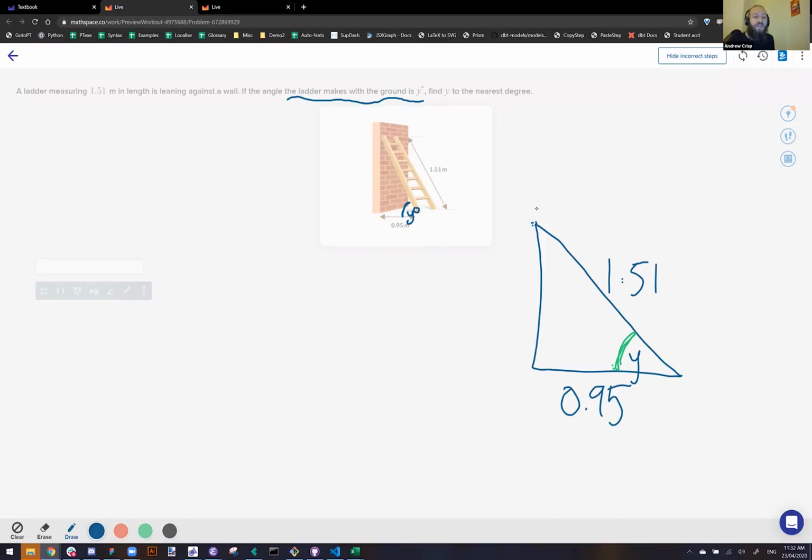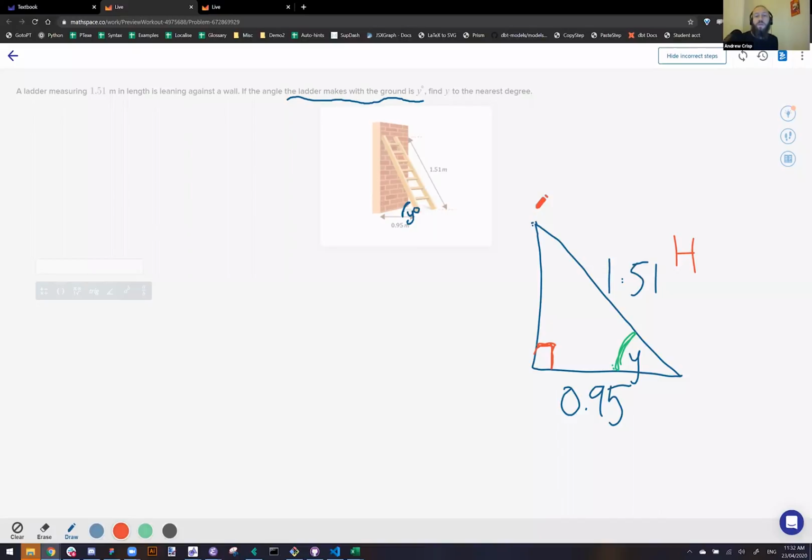Once again, all of the work that we're doing here, the hardest part is just coming up with the equation. So once again, labeling the sides of this triangle, this is my right angle, so this is definitely the hypotenuse.